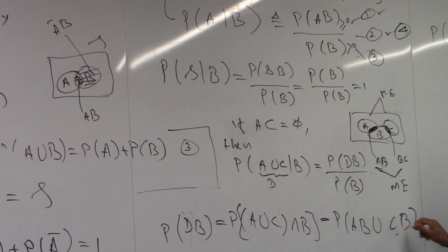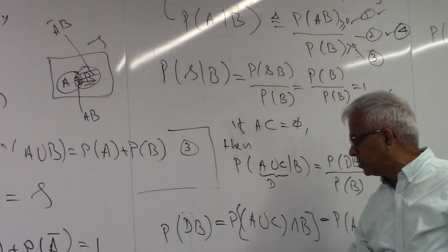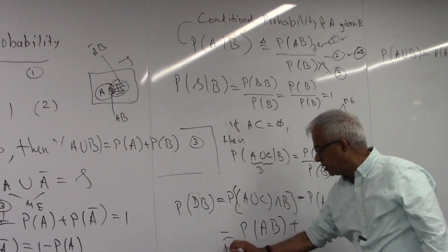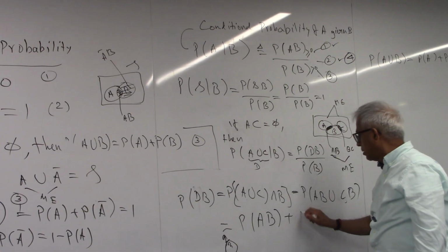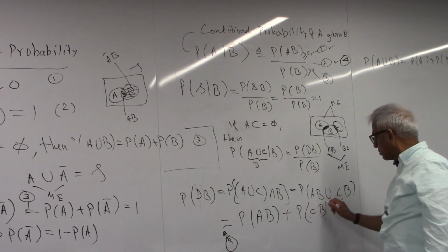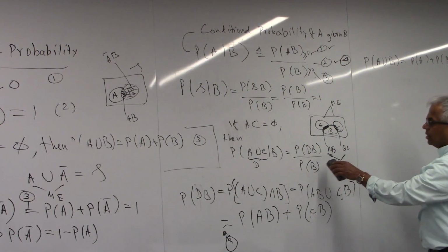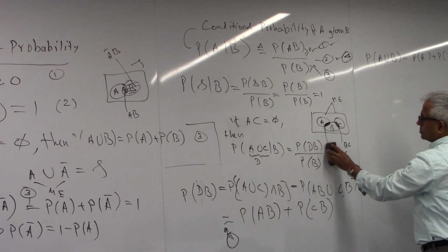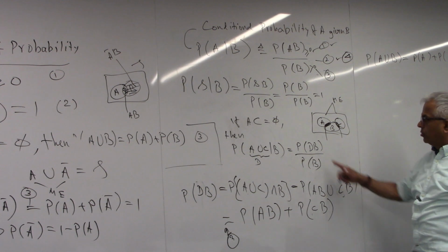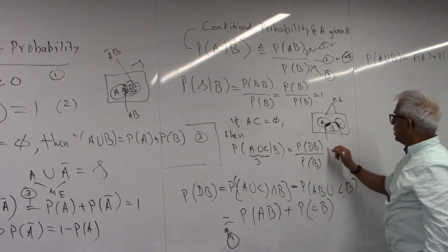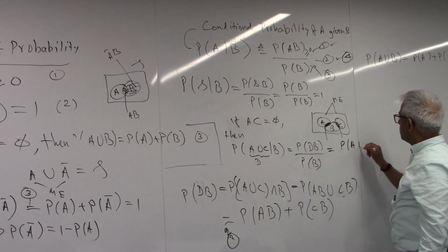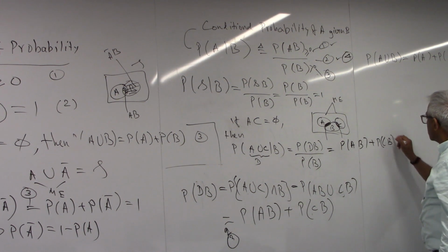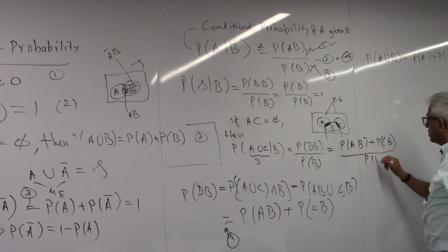So by axiom number 3, this is the sum of the probabilities: P(AB) plus P(CB). I substitute this into the numerator, so the numerator P(DB) turns out to be P(AB) plus P(CB), divided by P(B).